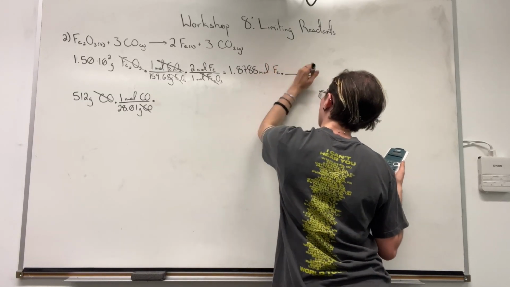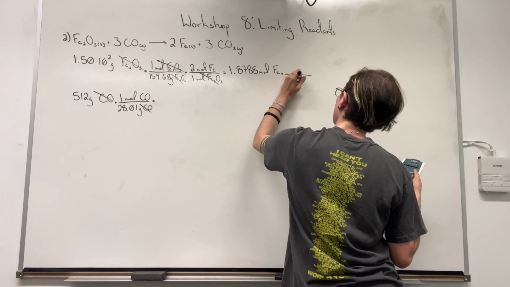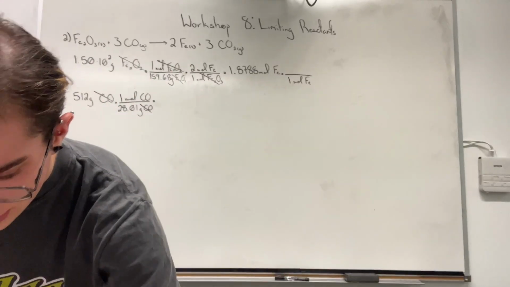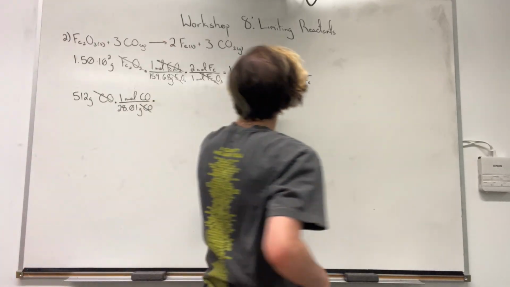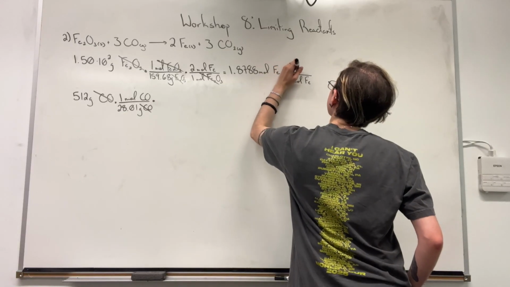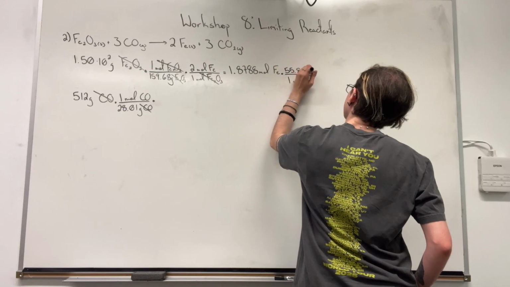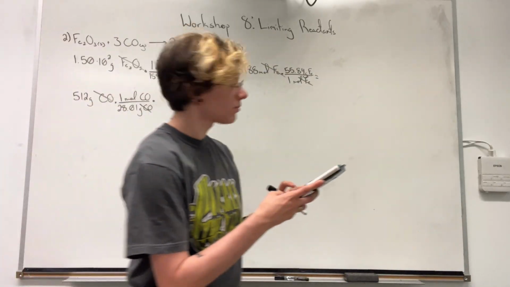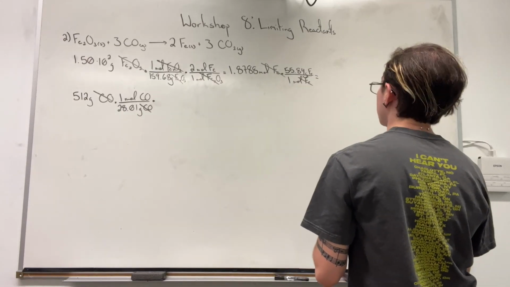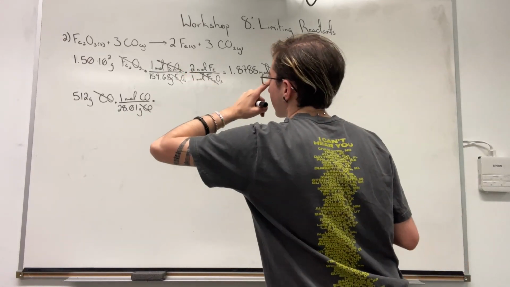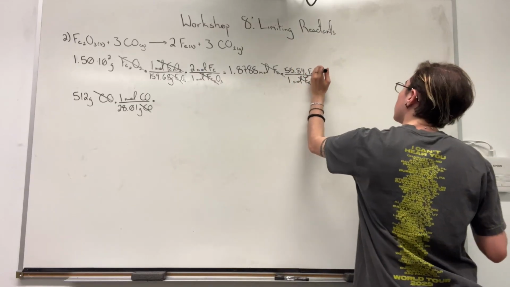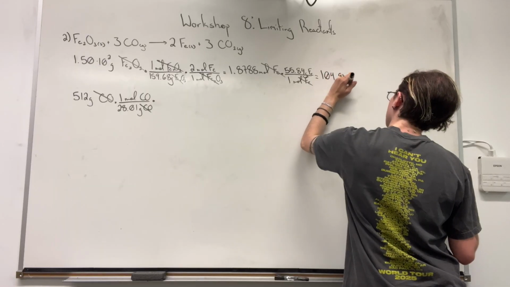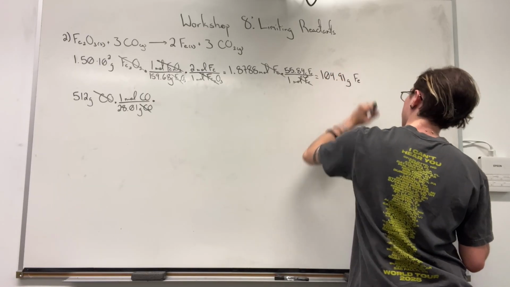And now converting that into grams, 1 mole of iron, it's I believe 55 point something, 55.84 grams. 1.8788 times 55.84. So 1.50 times 10 to the second grams of iron oxide allows us to recover 104.91 grams of iron.